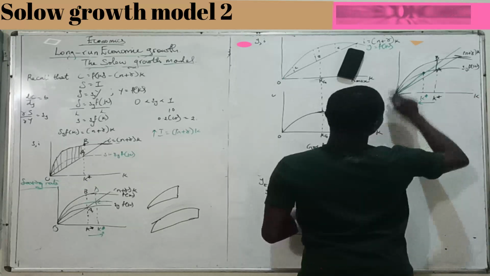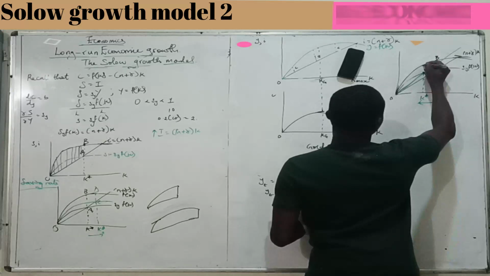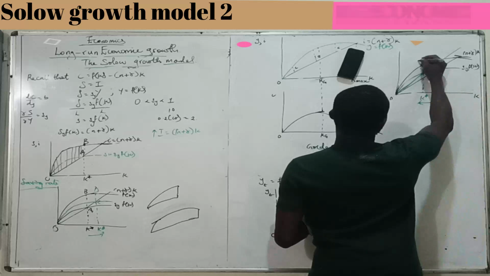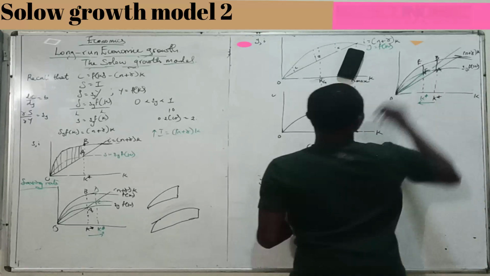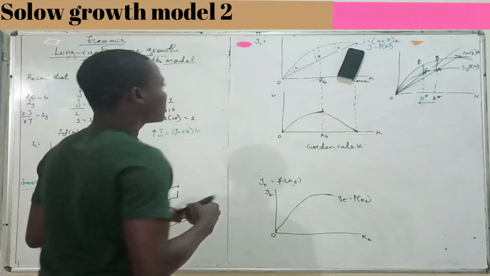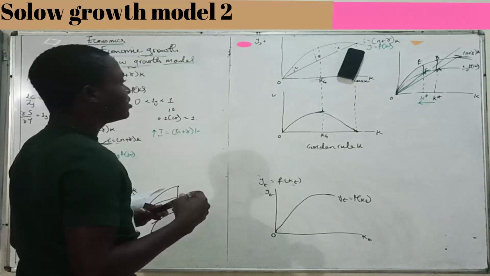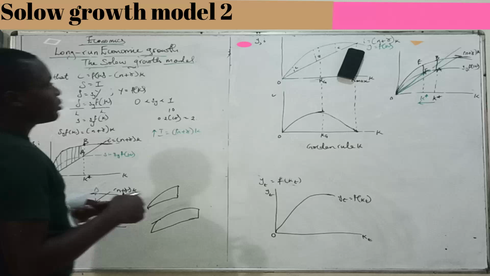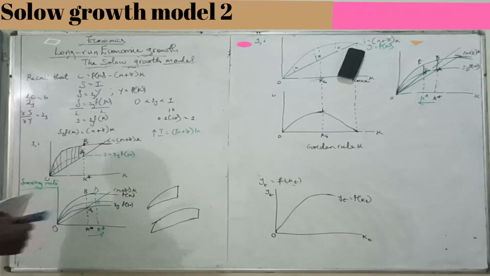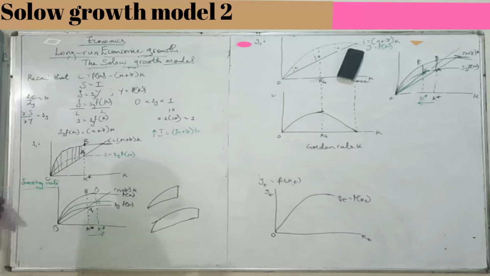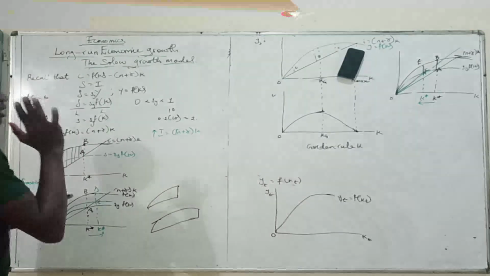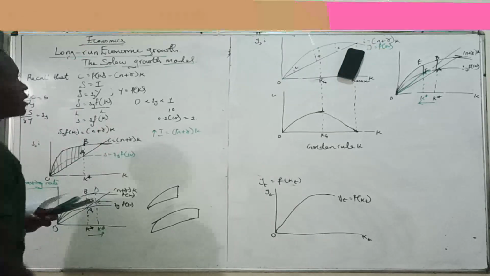So you have OEF. So an increase in population lowers the steady state capital per worker ratio and then it lowers consumption per worker, which already means that it lowers the standard of living of every citizen in that particular country, right?